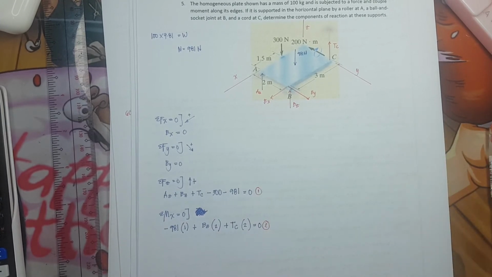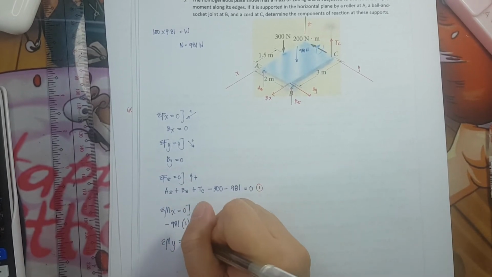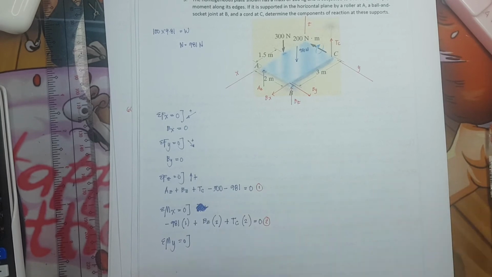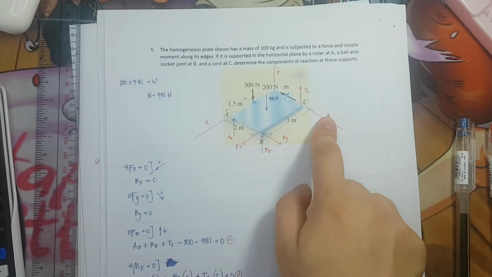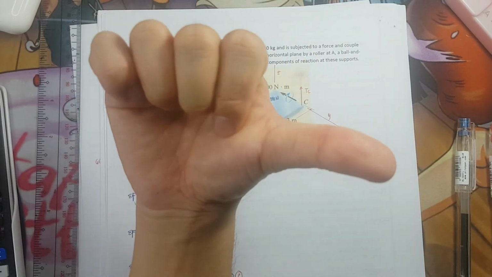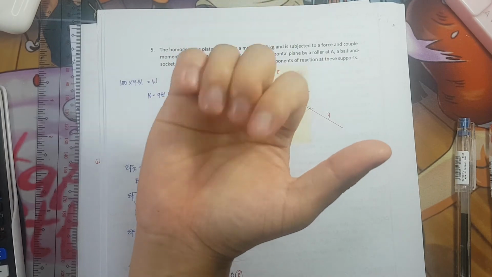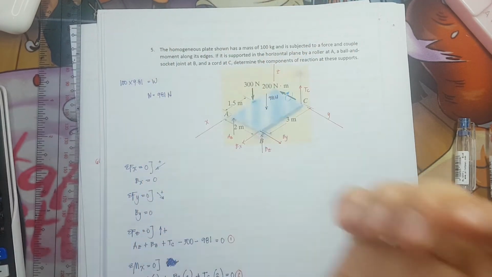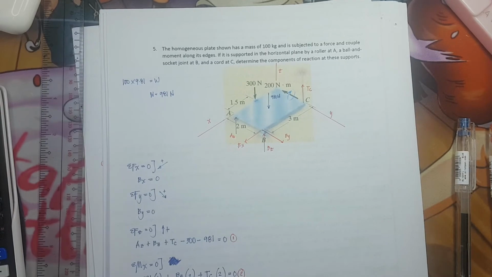Next is summation of moment with respect to y is equivalent to 0. So where is my y-axis? My y-axis is this. If I am to point my thumb in the direction of the y-axis, the curling of my fingers would be the direction of the positive moment.